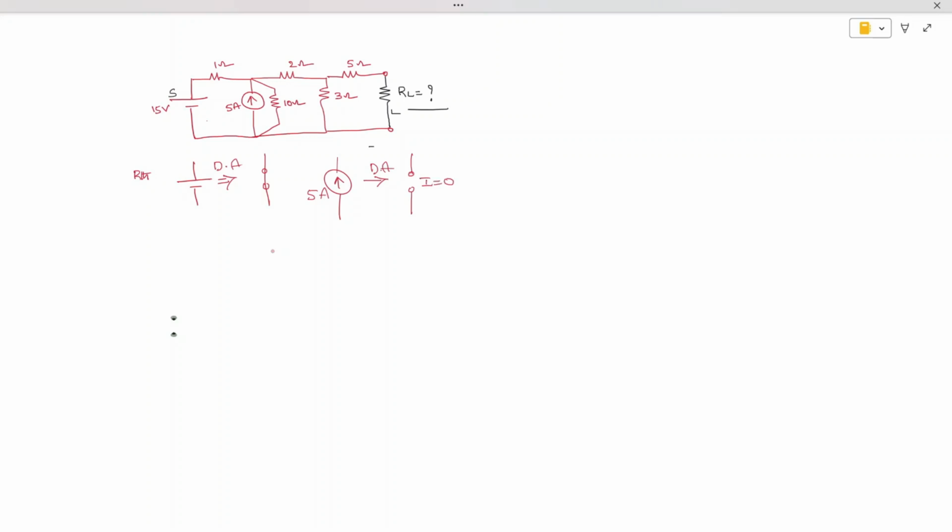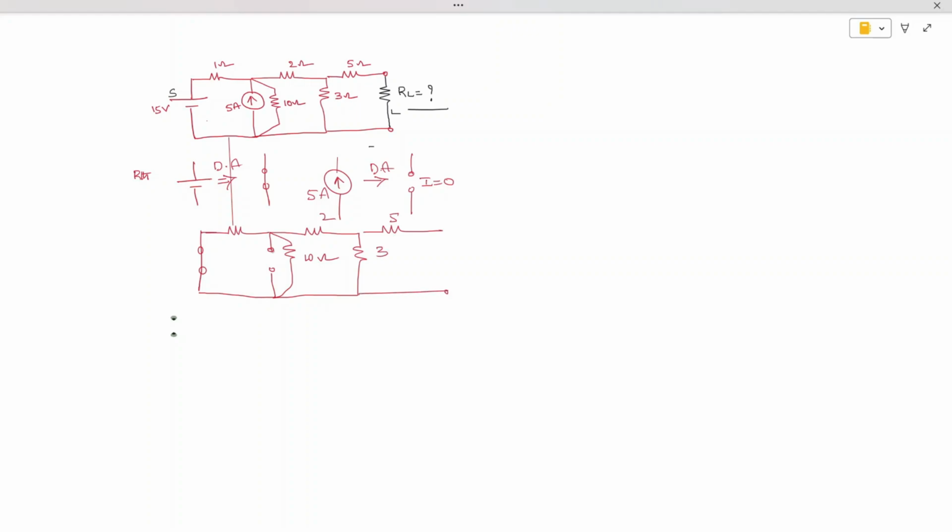When you perform it, you can see I am redrawing the network for more clarity. Here we make it short, and here you have a 1 ohm resistor, and this source is open circuited, and here we have a 10 ohm resistor followed by a 2 ohm resistor followed by a 3 ohm resistor, and ultimately we have 5, 3, 2.